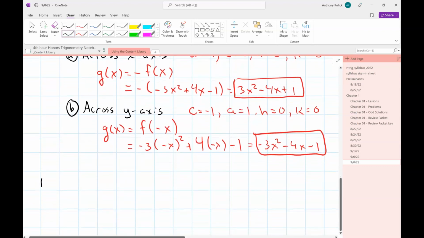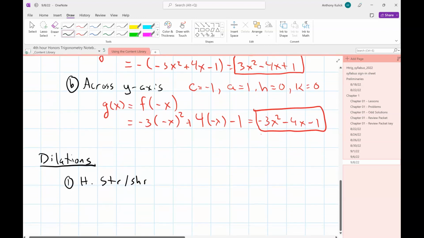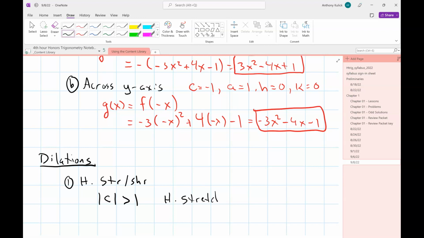Okay. So let's now look at the dilations. Again, we had two types. We had horizontal stretch or shrink. If the magnitude of that c value is greater than 1, that's a horizontal stretch.